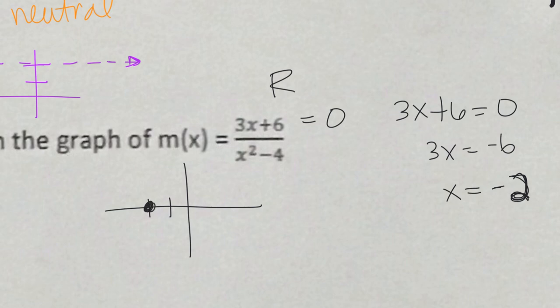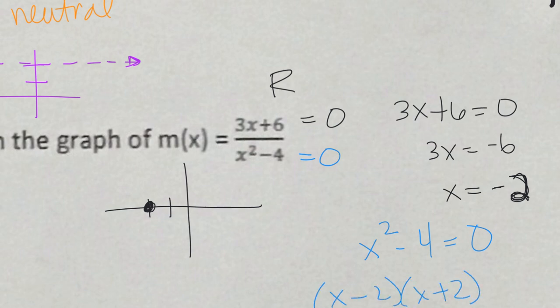Now let's look at your asymptote. So we're going to set your denominator equal to 0, x squared minus 4 equals 0. We'll factor this to x minus 2 and x plus 2. So x equals +2 and negative 2 as your vertical asymptotes. So guess where your hole is going to be?